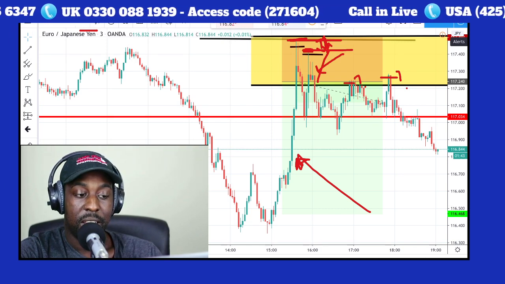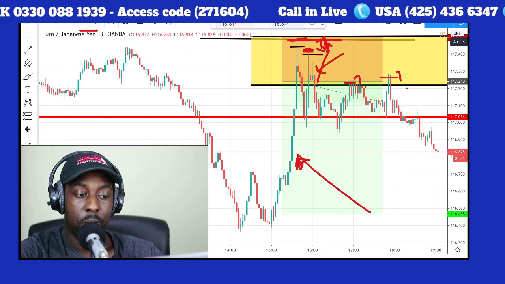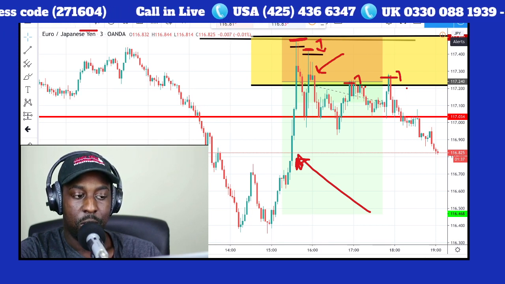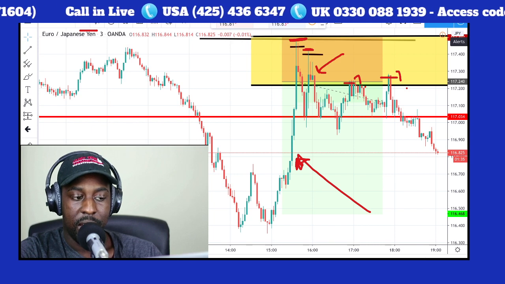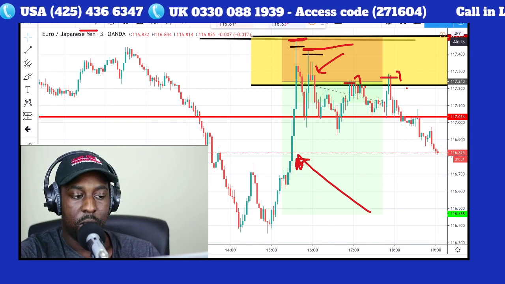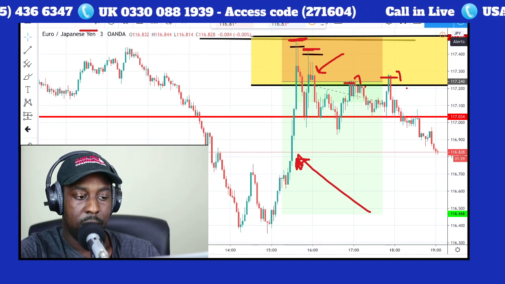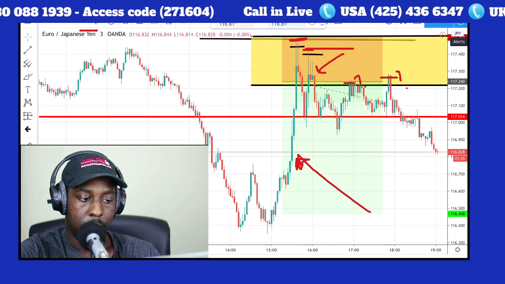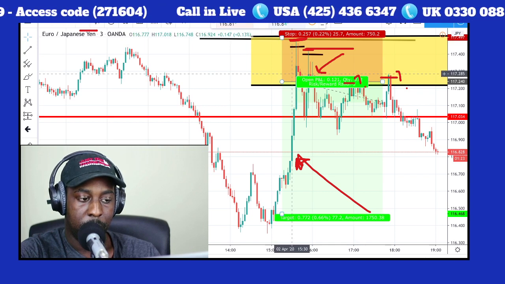But then at the same time, you're looking at all this stuff and it's like, okay, cool. Price might actually be saying, look, this was the top. Now this is the top. If we put our stop loss here, you'll see exactly what this actually looks like. Okay, if the stop loss is here, we're looking at this, and what happens?